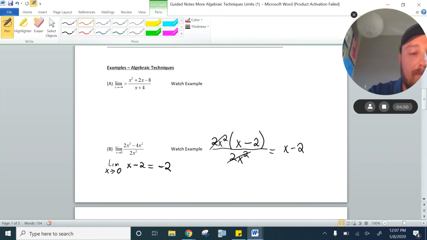So I'm going to finalize this. We say our limit as x approaches 0 of the original 2x cubed, and there we have it.